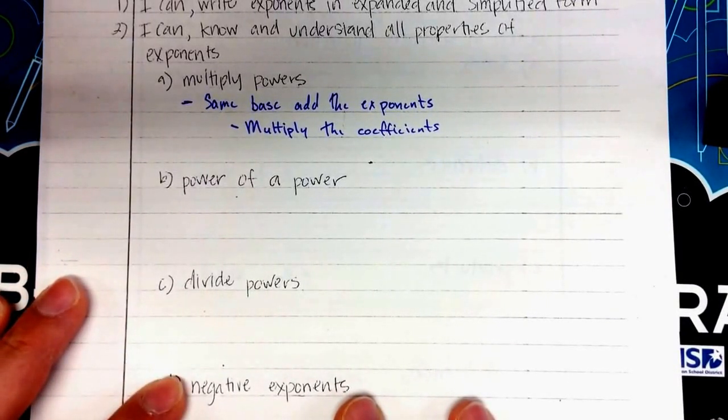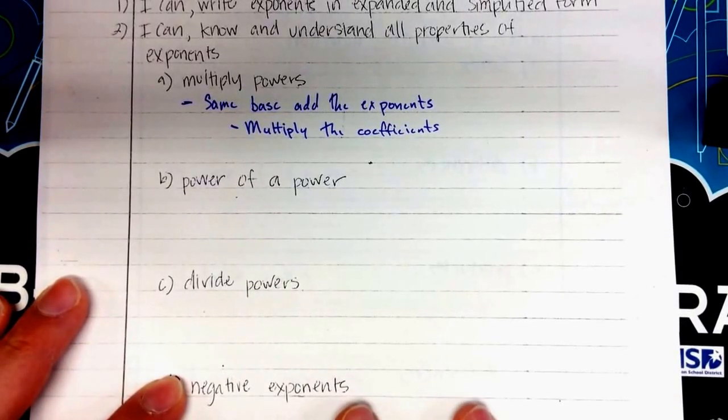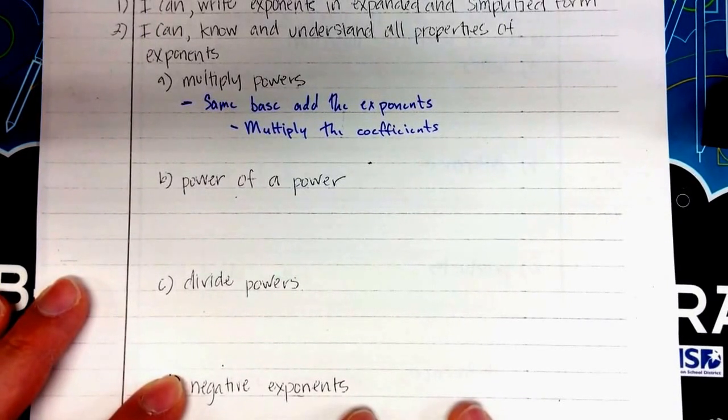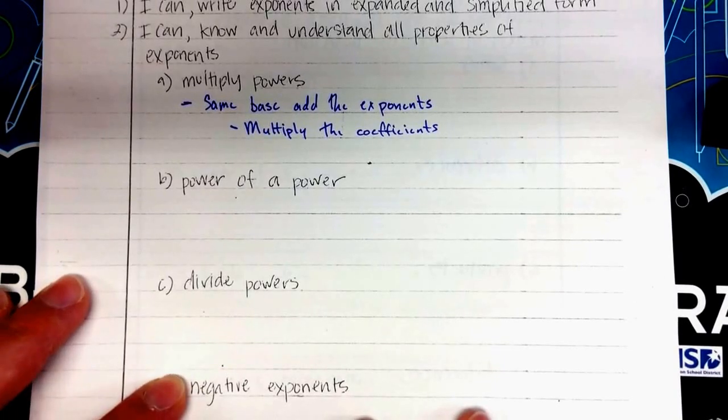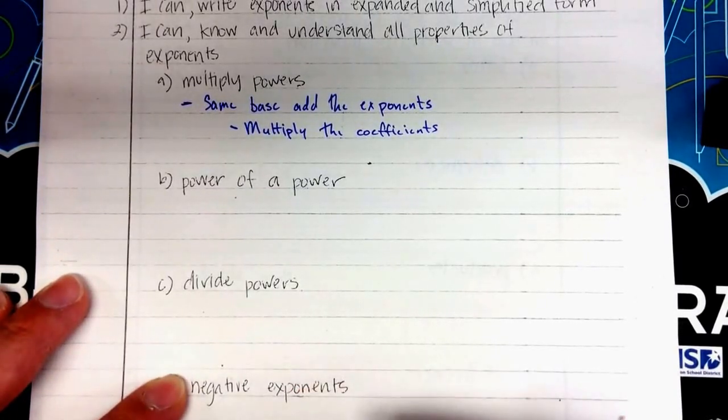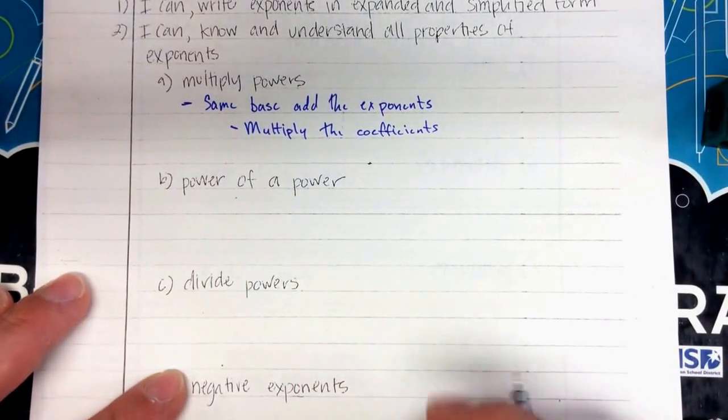Everybody got that down? So moving on, when we have powers that have powers, what is our rule? You can always refer back to your notes. Isabella? Good. So if powers have powers, multiply their exponents.